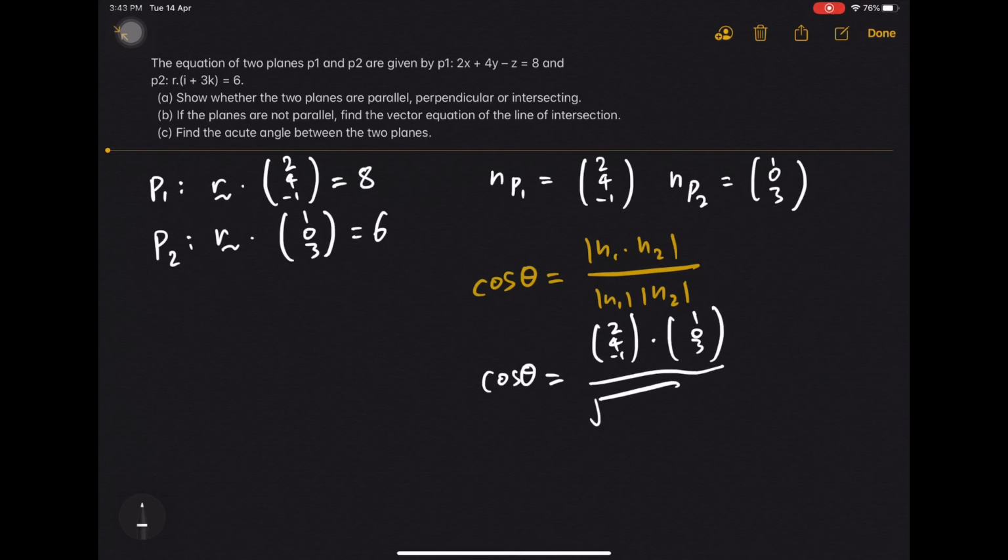The denominator is the square root of 2 squared, 4 squared, plus minus 1 squared, times the square root of 1 squared plus 3 squared. Once you have this, all you need to do is solve it, take the cosine inverse, and you can find your acute angle. It will be 86.0 degrees in this case.